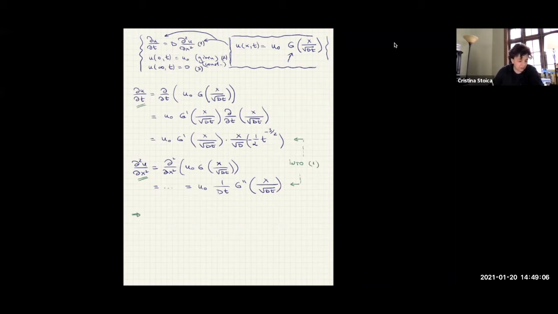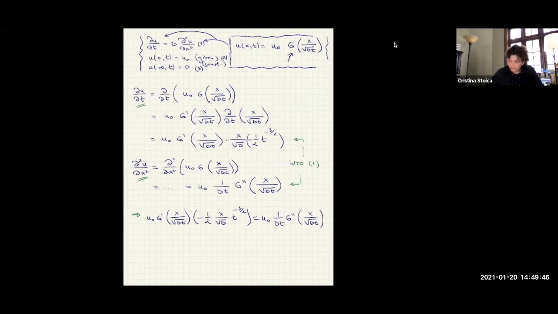When we substitute in there, the left-hand side, du dt, is u naught g prime of x over root t, times minus a half, x over root t, t to the minus 3/2, equals the right-hand side, u naught 1 over t g second of. So this is just calculation. I know you love calculations because it's clear what you have to do.